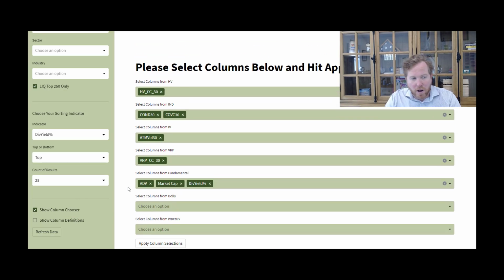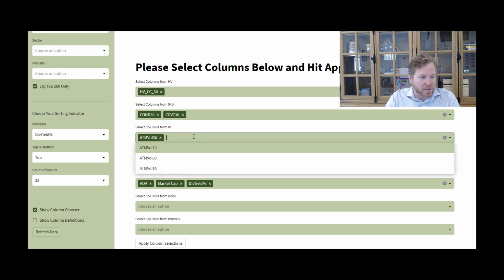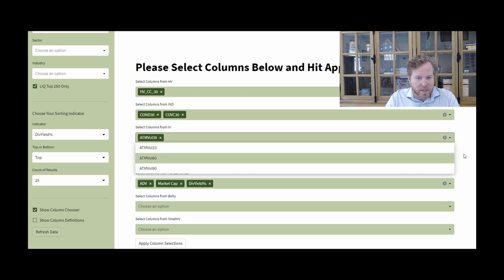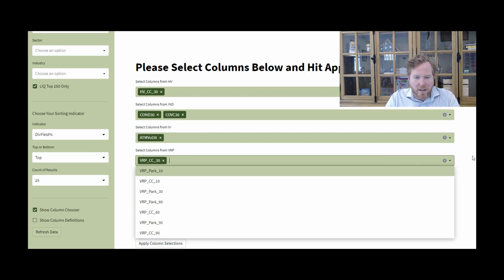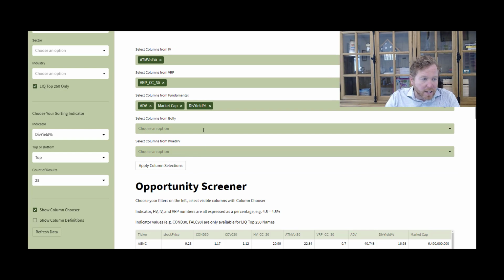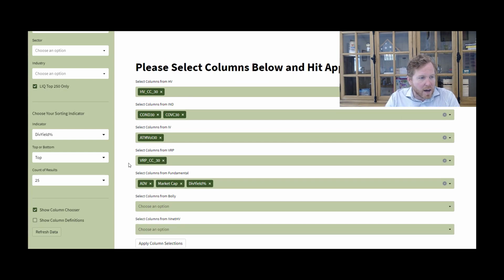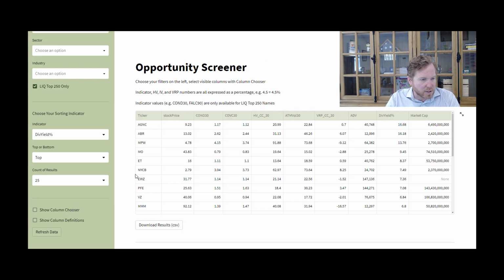I've got my default covered call ones here, the ones that I like. But really any of the indicators you can also choose to see as columns. So you have all your IV columns, all your VRP columns, your IV net HV. So from a covered call perspective, I'll uncheck the column chooser there, bye-bye.